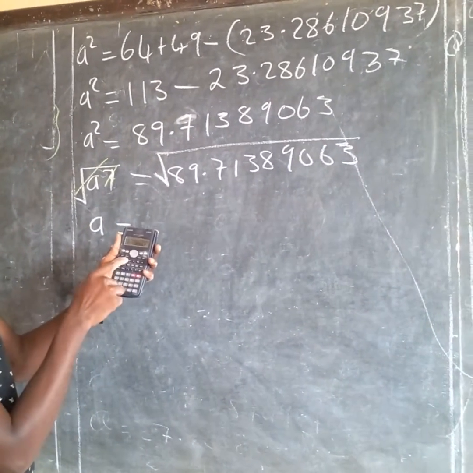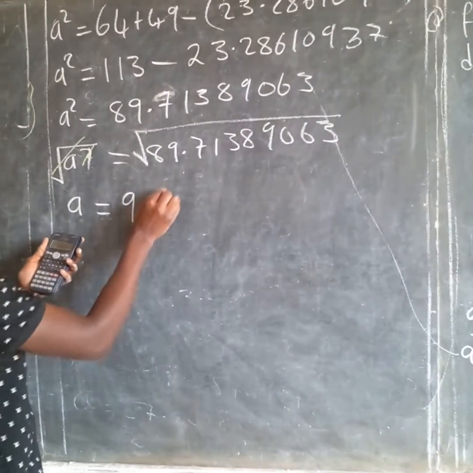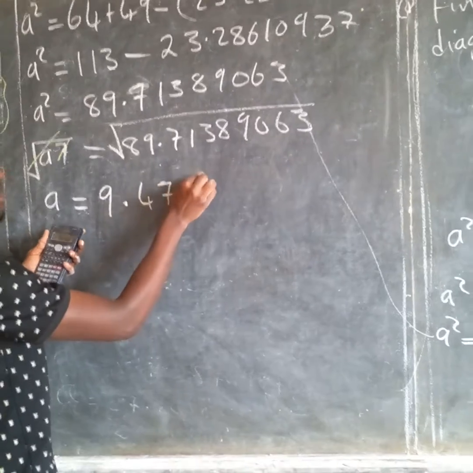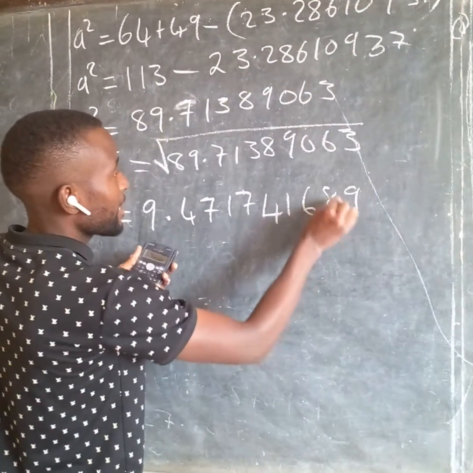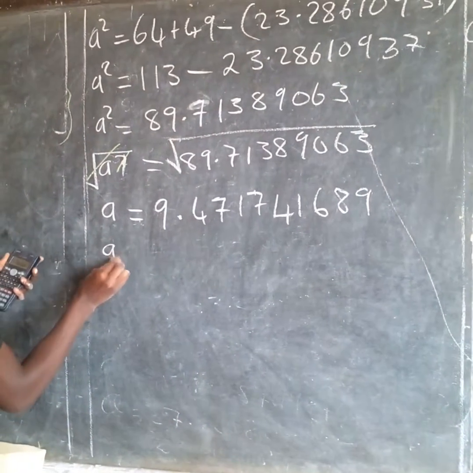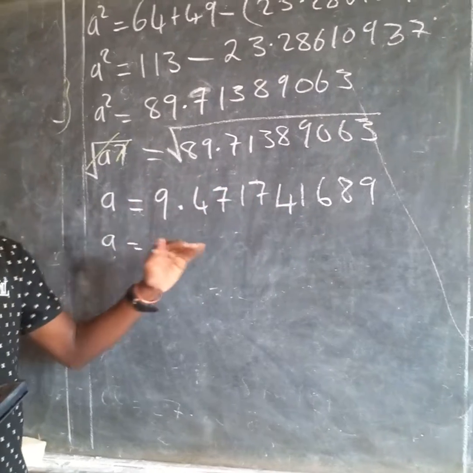You just click the square root there, and you're going to have 9.47174169.